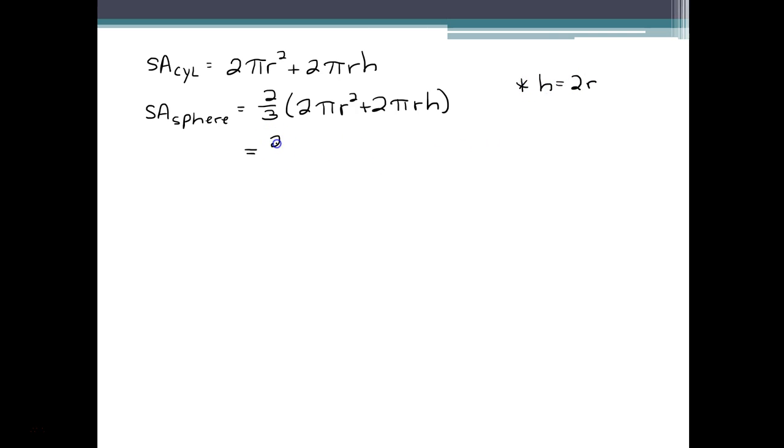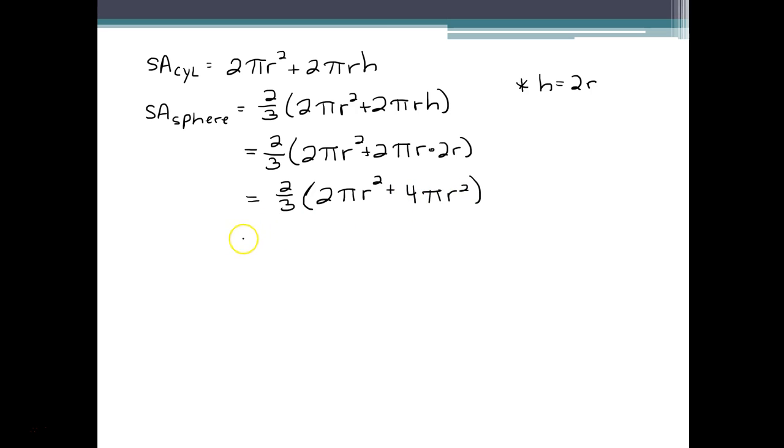I just looked at that a minute ago when doing volume. So replace the h with 2r. So in parentheses here we have 2 pi r squared plus 4 pi r squared, which comes out to 6 pi r squared. If you do 2/3 of that, 2/3 times 6 is 4 pi r squared.